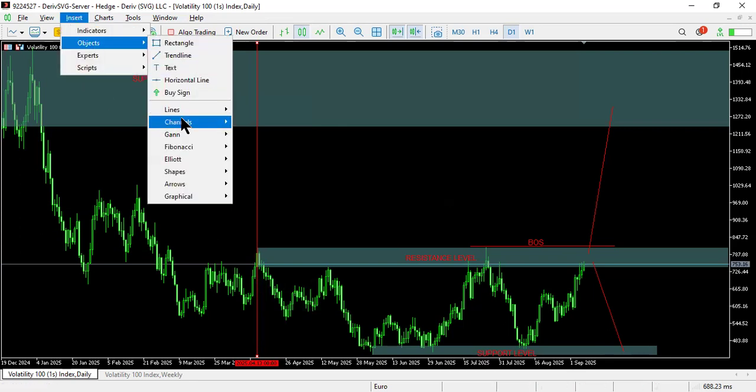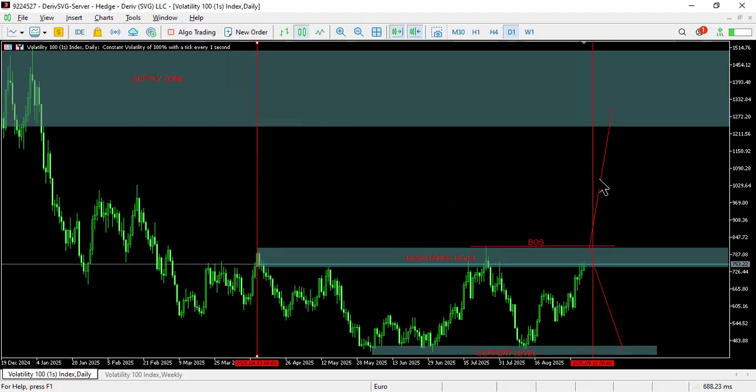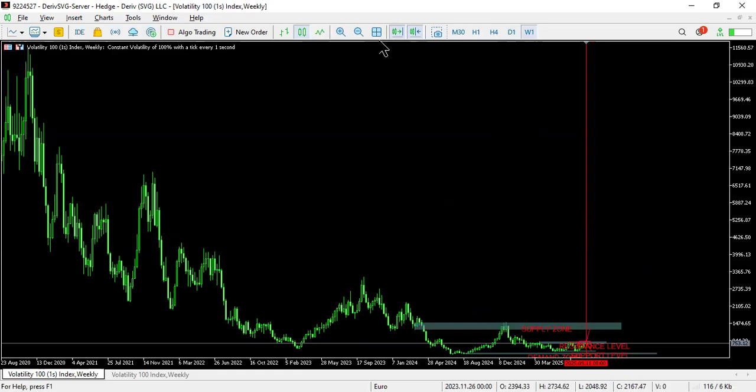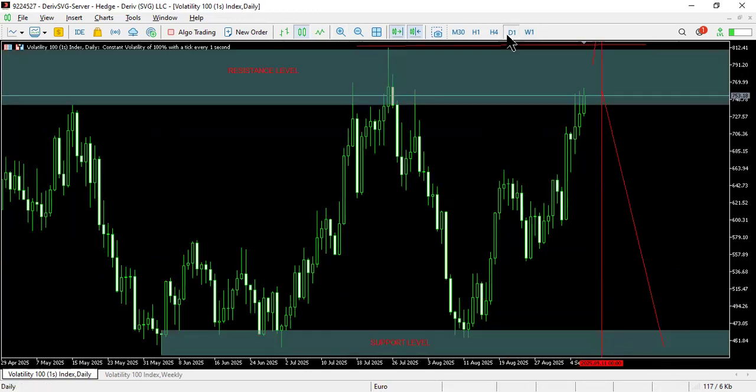So it's quite a strong resistance level. We are waiting for a change of character, and then we'll continue selling, because the overall trend from our weekly time frame is a downtrend. It's just that this support is holding the price from coming to this demand zone.